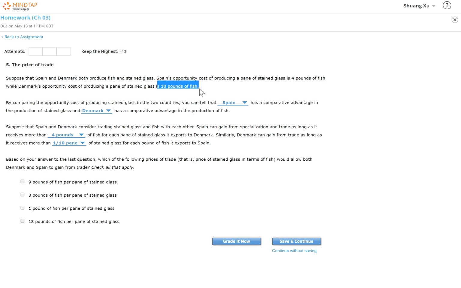Let me give you an example. Suppose you're Spain, and the trade says for every stained glass, you can sell it for 3 pounds of fish. If you're Spain, you're not going to be happy because it costs you 4 pounds of fish. Anything less than 4 pounds of fish, Spain wouldn't do it.